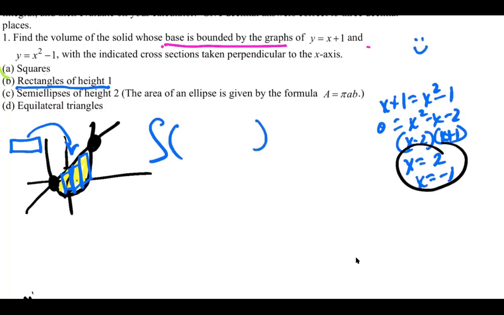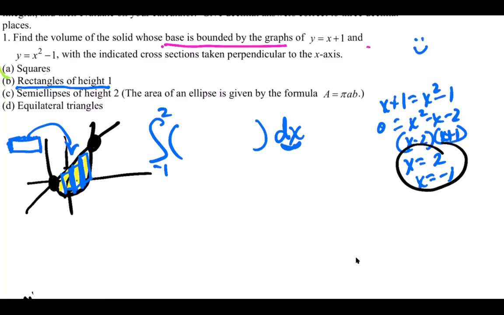I need length times width. And then they have a little bit of a dimension on the side. That's our dx, because they have a little bit of thickness, since they would be right next to each other. All right, it's going from -1 to 2. So remember, these are 3 dimensions. This is how wide a piece of paper is, or your book, something really thin like a potato chip.